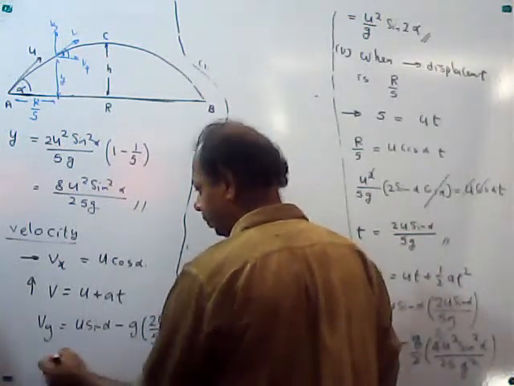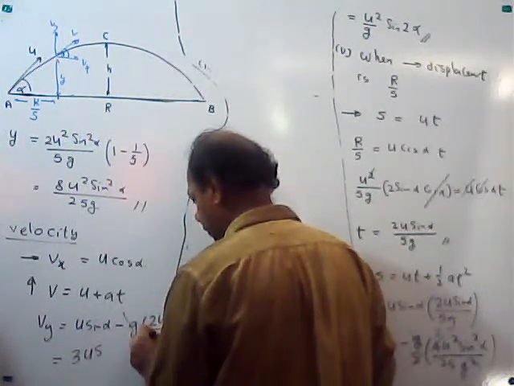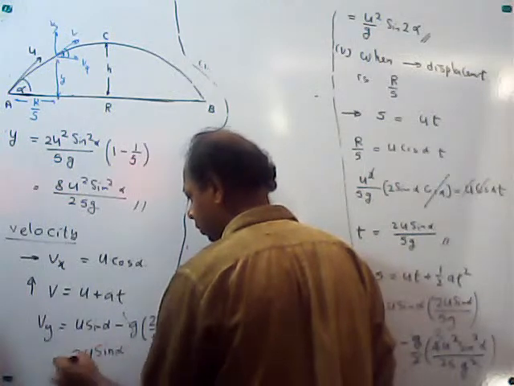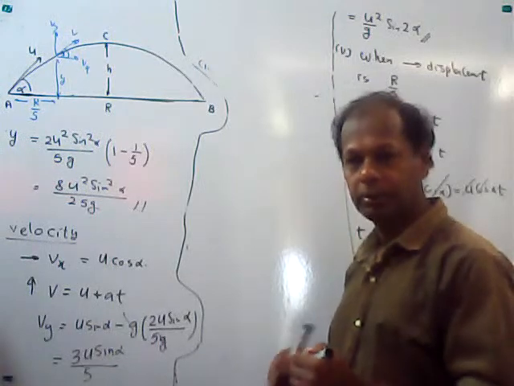So altogether, g and g get cancelled, and we get 3u sine alpha over 5. That's the vertical component of velocity.